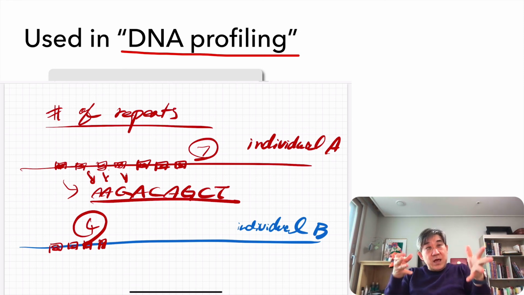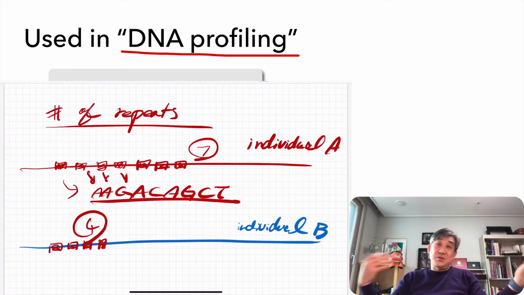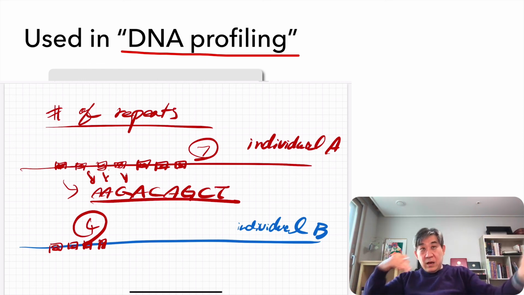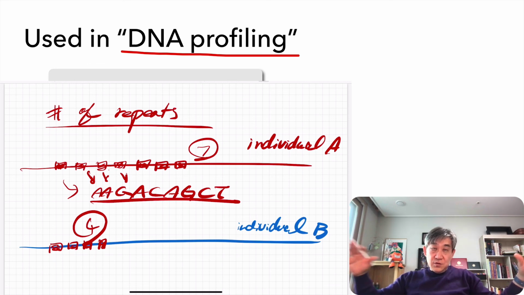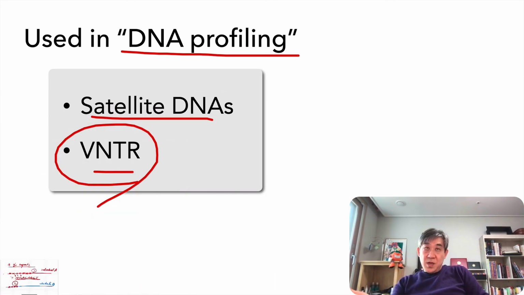And this VNTR is all over the 23 different chromosomes. So you add up all these different numbers of repeats, and the variation is so complicated that by counting repeats along those 23 chromosomes, you can actually make the case of identifying one very unique individual, and that's the basis of the business of DNA profiling.